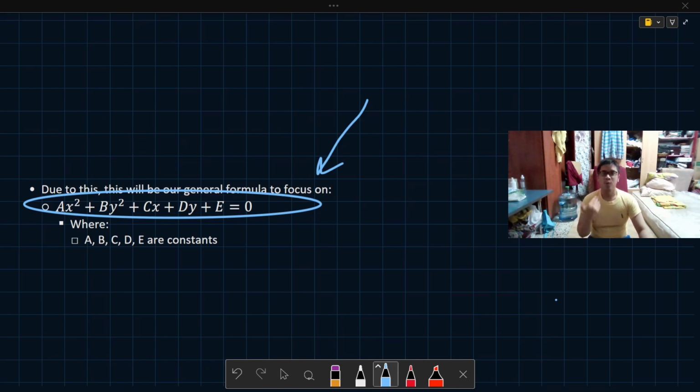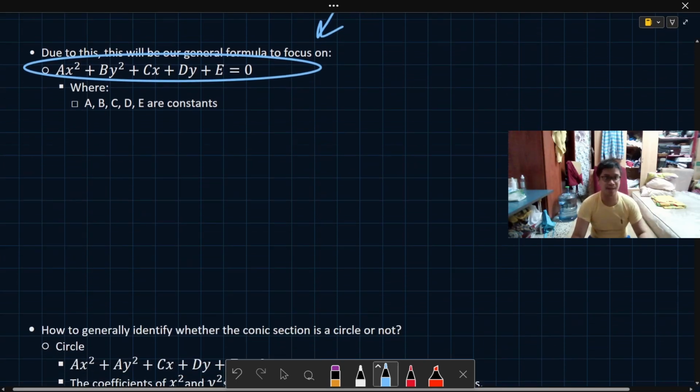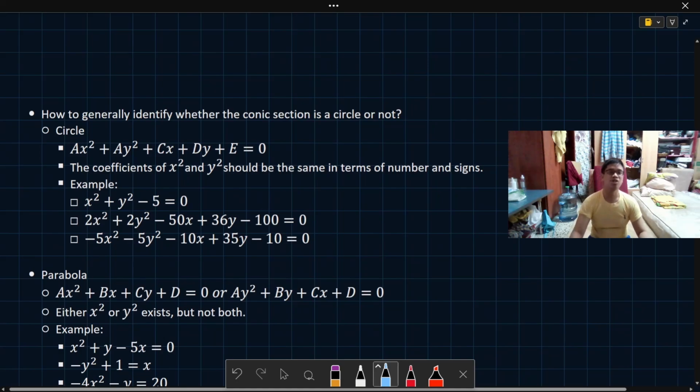We want to know if it's a conic section, which I think we already know: if it looks like that, that's already a conic section. But how would you know, to be particular, if it's a circle or not? That is what we're going to discuss today: how to generally identify whether the conic section is a circle or not.